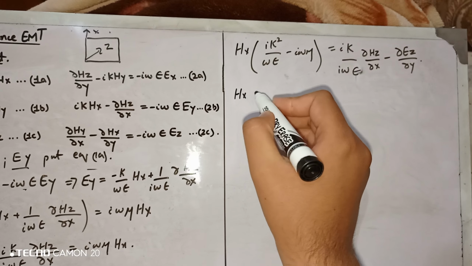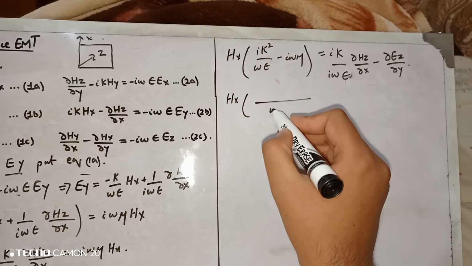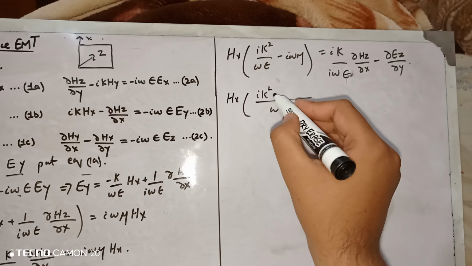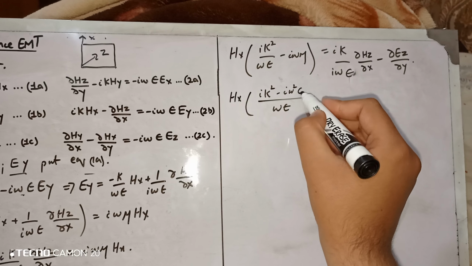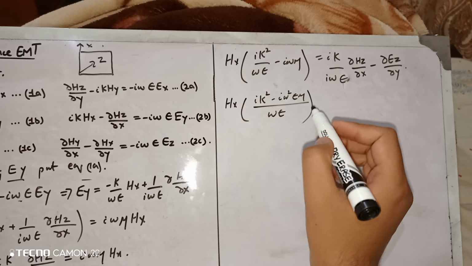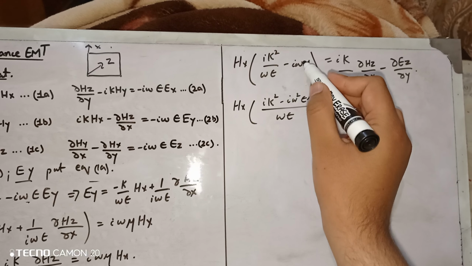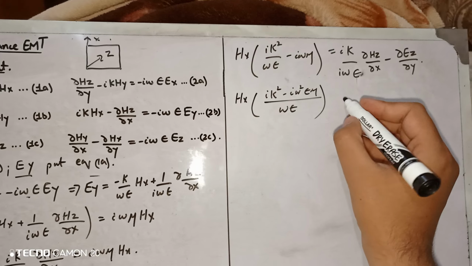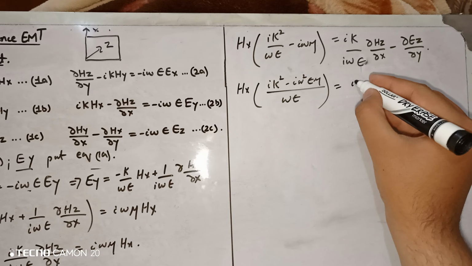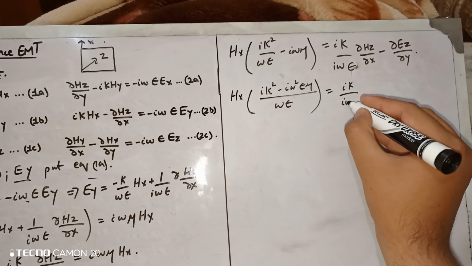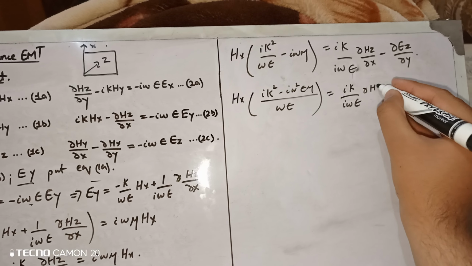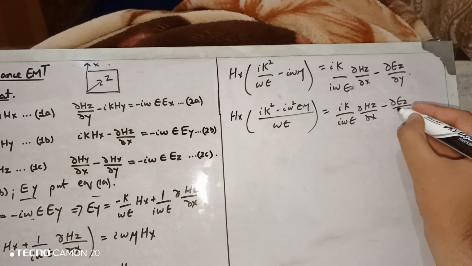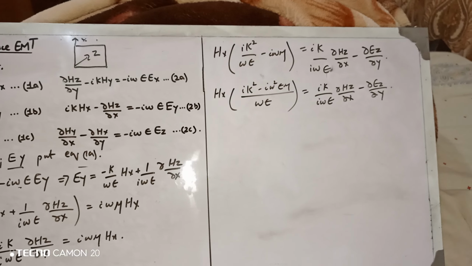So Hx becomes equal to ωε i k² minus iω²εμ. After taking the LCM, this is multiplied by ω², and epsilon and mu also multiply, so it becomes this equals ik divided by iωε ∂Hz/∂x minus ∂Ez/∂y, as it is on the other side.